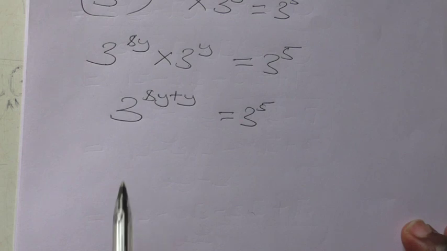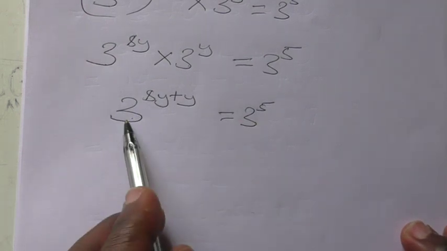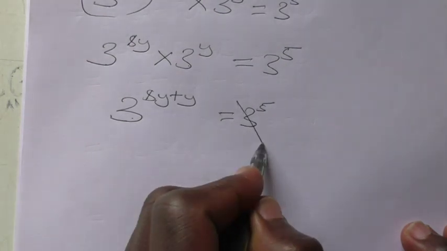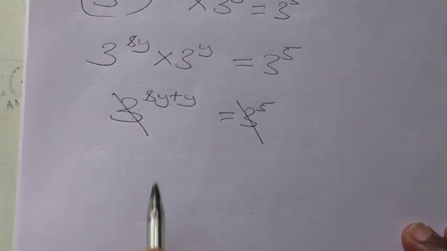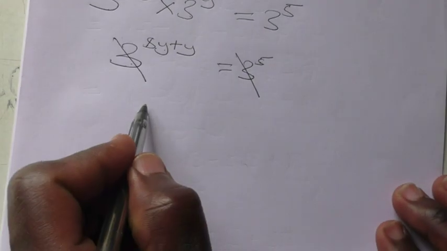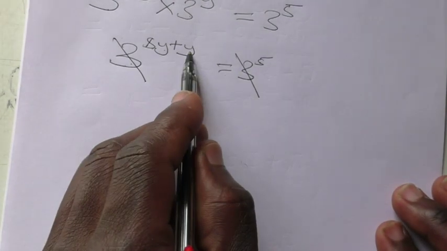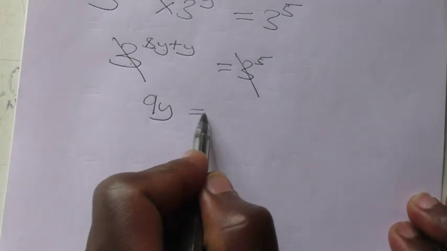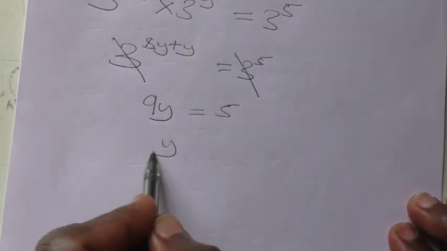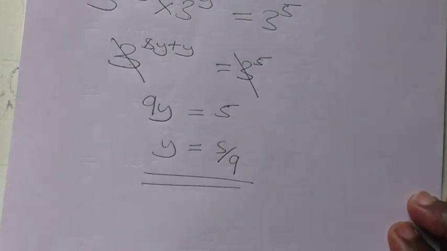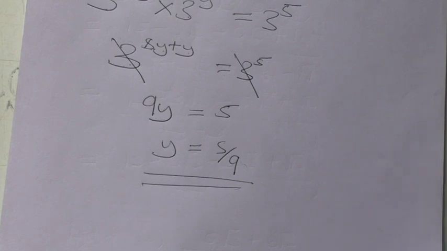So when I have the same bases on either side of the equal sign, I simply remove the bases and deal with the powers. So that gives me 8 plus 1 gives me 9y equaling 5, meaning that y equals 5 over 9. So that is how we shall solve for y.